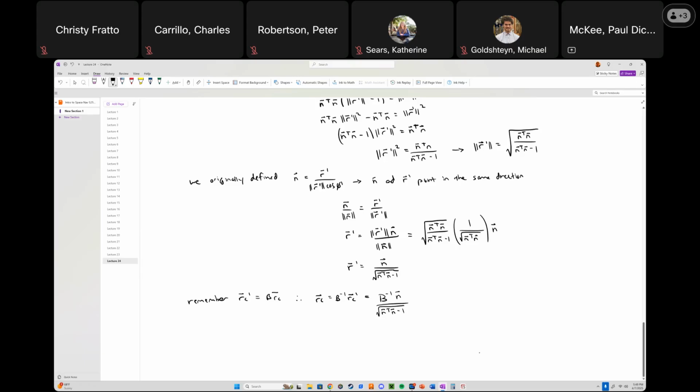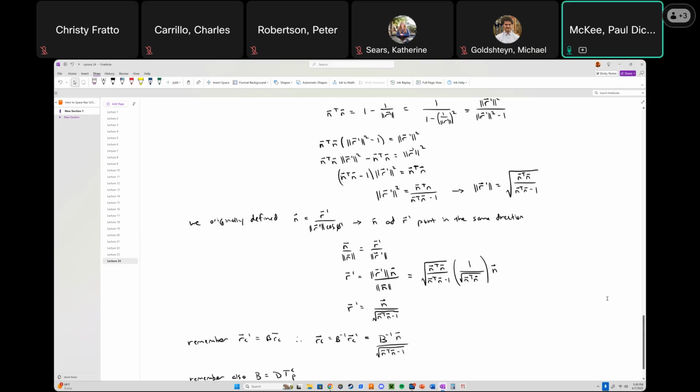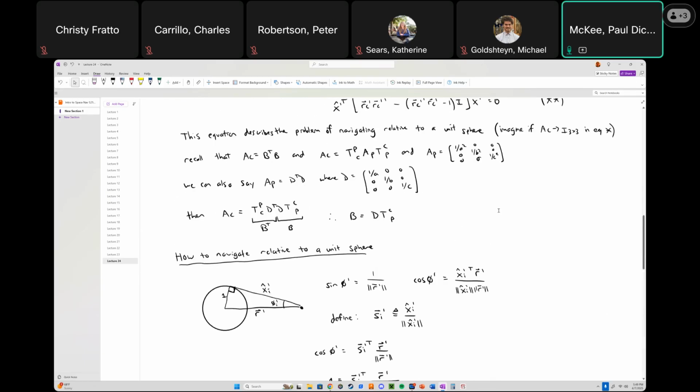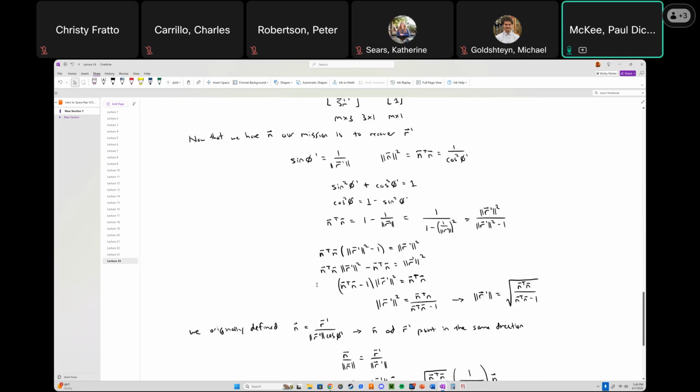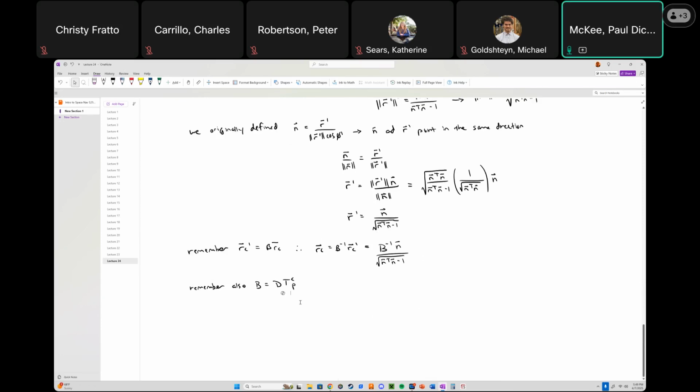And we can make it even easier. Remember also that B is just D, which is a modified form of the planet shape matrix, and our rotation, camera to planet. Let me make sure I didn't get that backwards. It is, yep, camera to planet. So B is just D times T camera to planet.